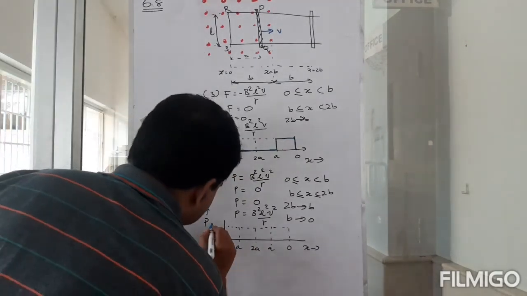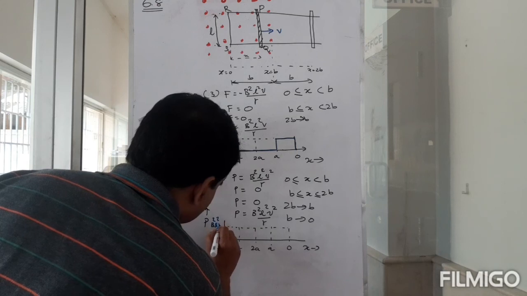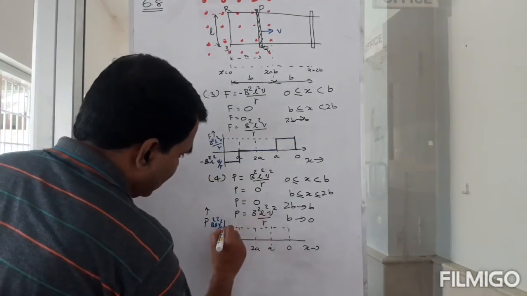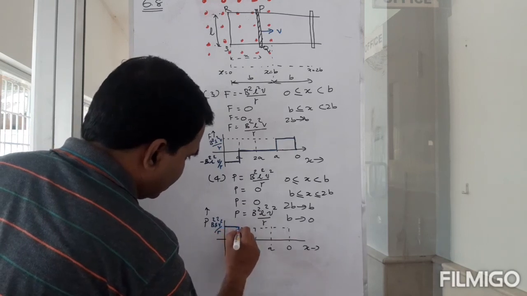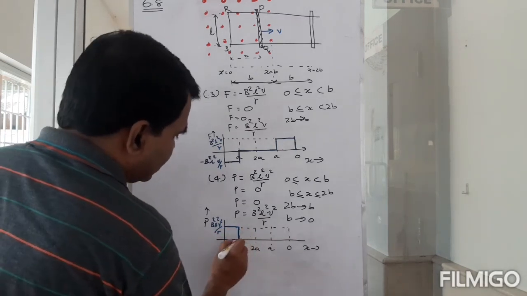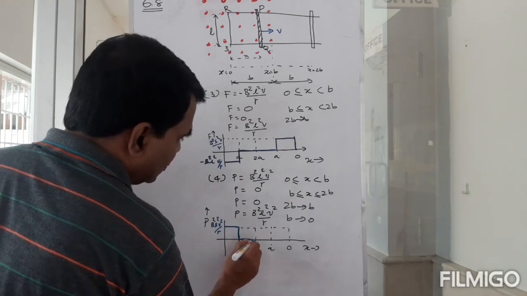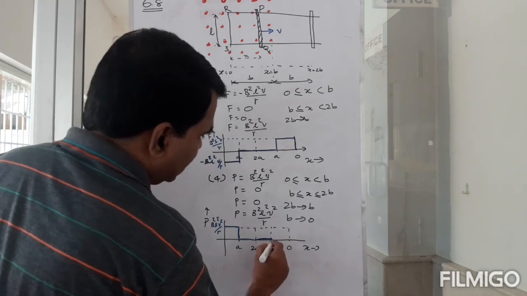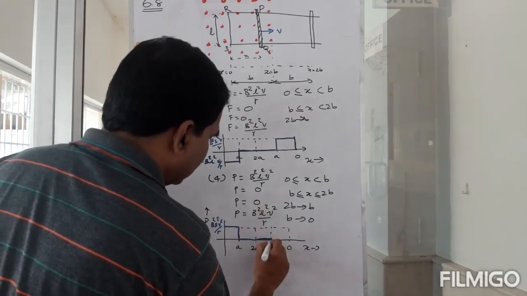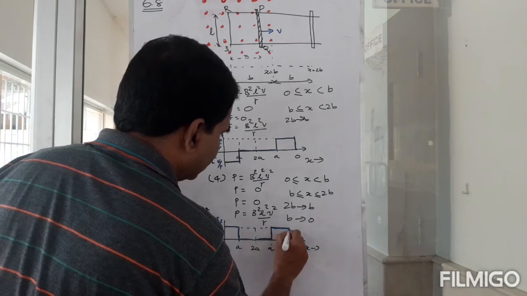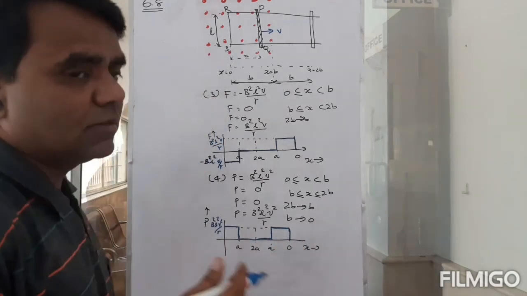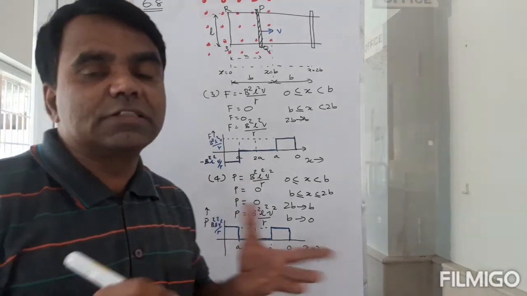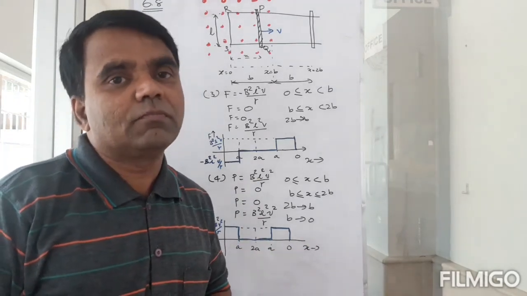So let's say this is B squared L squared V squared by R. So this is going to be positive from 0 to A, and A to 2A will be 0, and 2A to A 0 again, and from A to 0 then you will get again positive. So this is how the graph will look like, and this is how we do this problem.